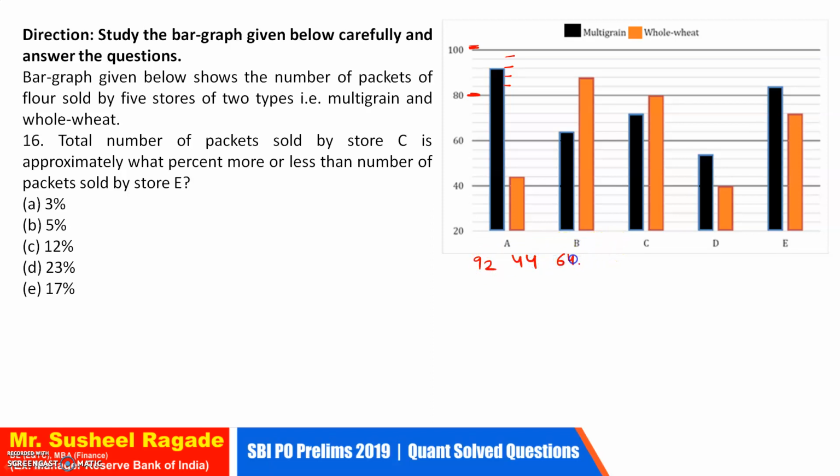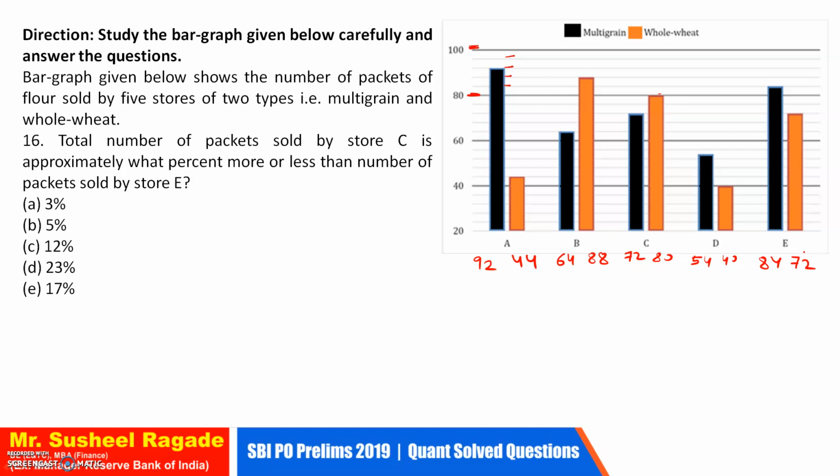Again, this is 64. This is 88. Now this is 72. This is 80. Here it is 50. This is 52. This is 54. And this is exactly 40. It is 84 and 72. So first of all, we have written all the values. Now let us see what the questions are.